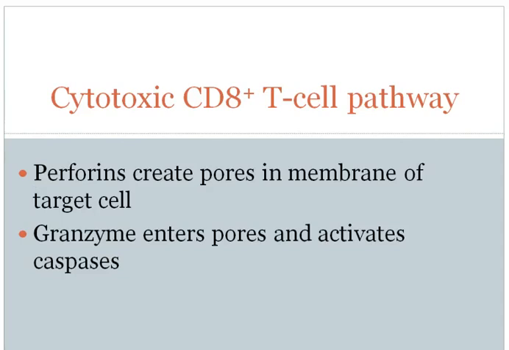The perforin perforates a hole in the membrane of the target cell. Granzyme, also from the CD8 positive T cell, then enters into the pore, or the hole, and then activates the caspases, and you're very well aware of the fact that caspases then mediate apoptosis. So that's another important pathway by which apoptosis can be activated, i.e. the caspases can be activated.